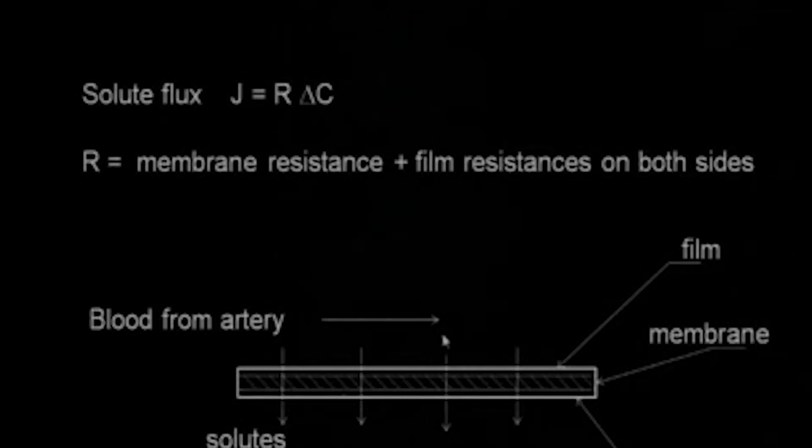So the salts have to diffuse through these 3 layers: the film formed by the salts on the blood side, the film formed on the dialysate side, and in between the membrane material. So the equation for the flux is given by this resistance multiplied by delta C. Delta C is your driving force, the concentration gradient.